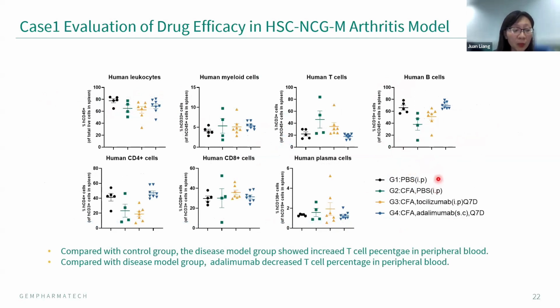We also observed the immune cell population after the drug treatment. In this study, it seems that in the peripheral blood, the T cells could be activated in the modeling group. And when we treat the mice with the TNF-alpha antibody, the treatment group could reduce the T cell population.